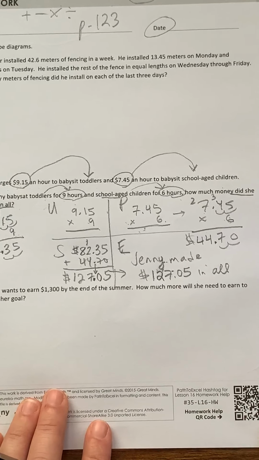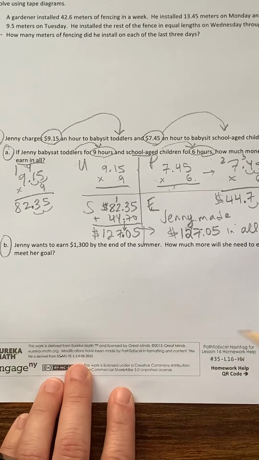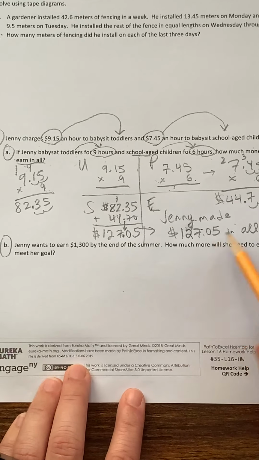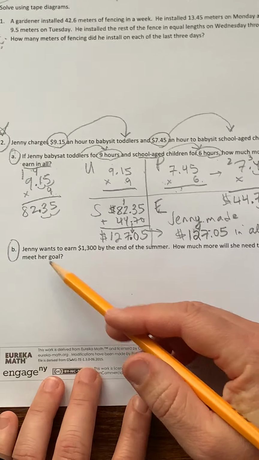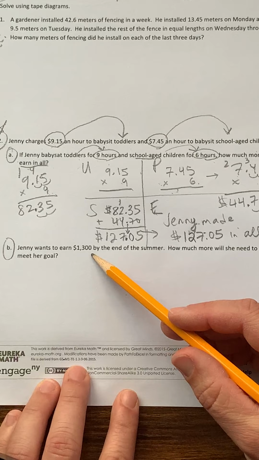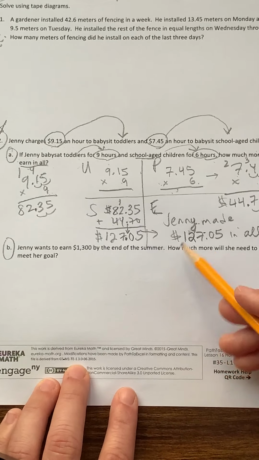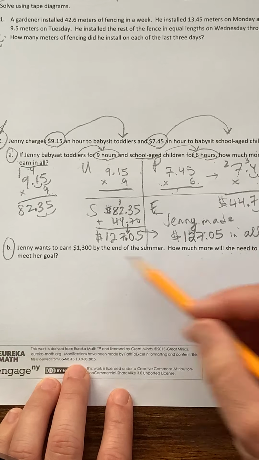Okay, the last problem we're going to do together is B. By the way, if you got that right, mark it correct. Jenny wants to earn $1,300 by the end of the summer. How much more will she need to earn to meet her goal?